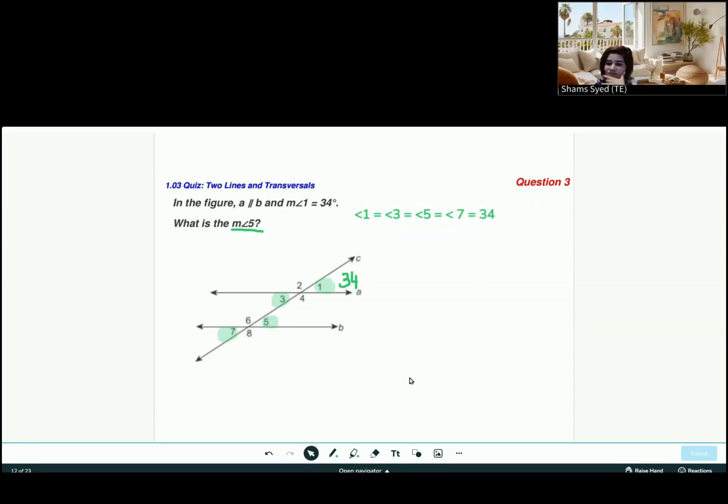So if the question is asking for angle 5, angle 5 is 34 because it's the skinny angle. That's it. Let's move on and look at the next question.